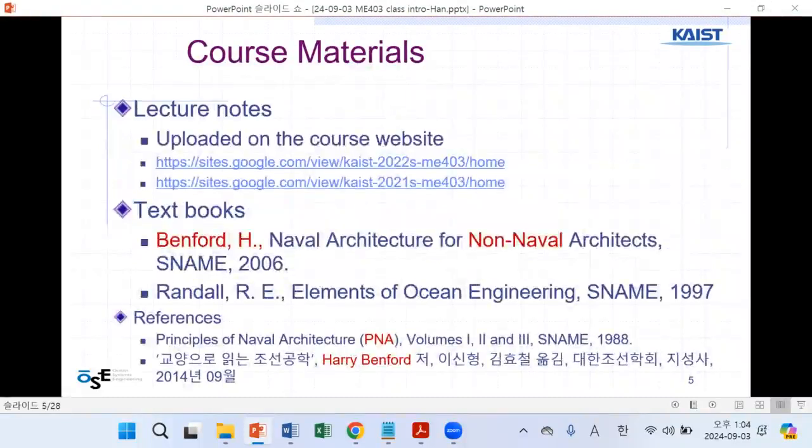So course material is made of basically lecture material, the PowerPoint slide set I already sent you last night. So it can be distributed before the classroom. The website will be managed by TAs. There has been a series of websites for this class.